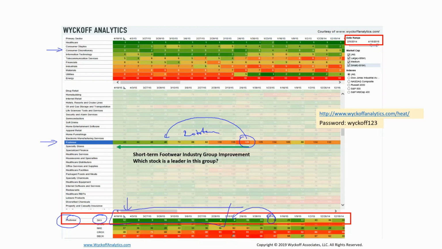So this is the selection process for us, where we identify the market bias first. Then we go to the sector level and we say, I want to look either at the leadership or I want to look at the rotation.